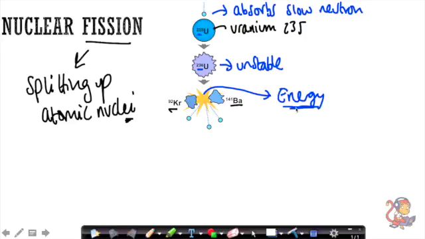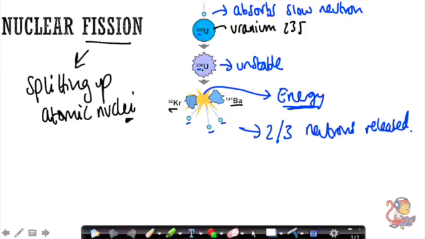And we'll talk about how we use that energy in just a second. Further to this, you also get 2 or 3 neutrons released. In this case, we've got 3, but in the reactions, you'll either get 2 or 3 neutrons released. And as you can see, if the mass up here was 236, that needs to be conserved.